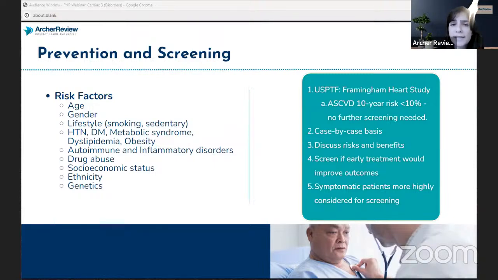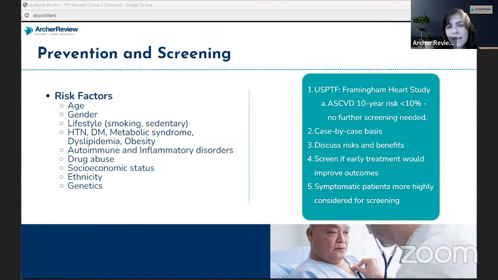A way to screen these patients, I really like the ASCVD 10-year risk score. It factors in whether they have diabetes, if they have hypertension, if they're being treated. It also gives you recommendations on the intensity of the statin, which I find useful in clinic.